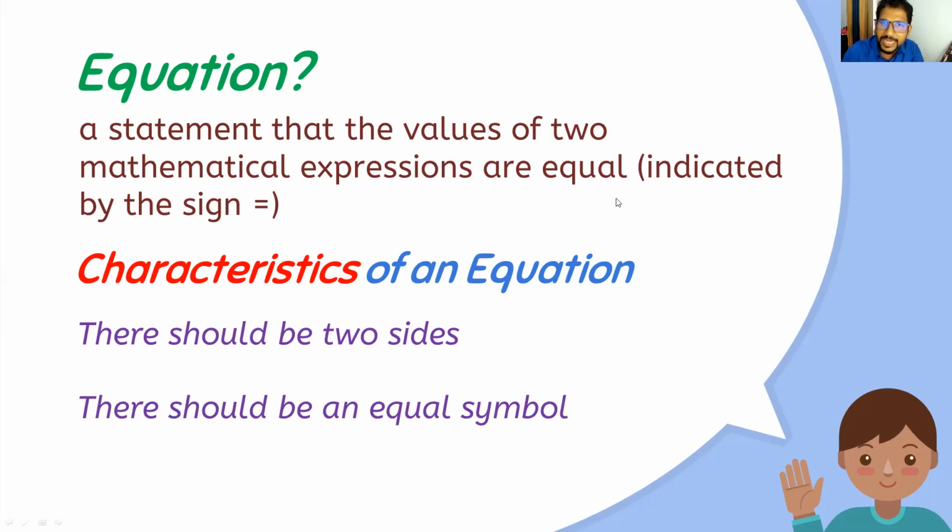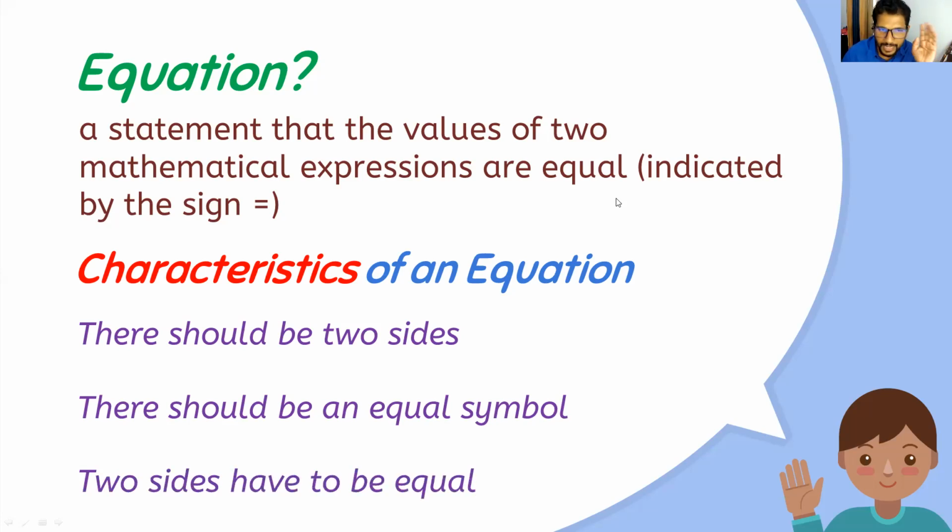In every single equation, there should be an equal sign to denote that side A is equal to side B. And the third one, the two sides have to be equal always. Side A has to be equal to side B.